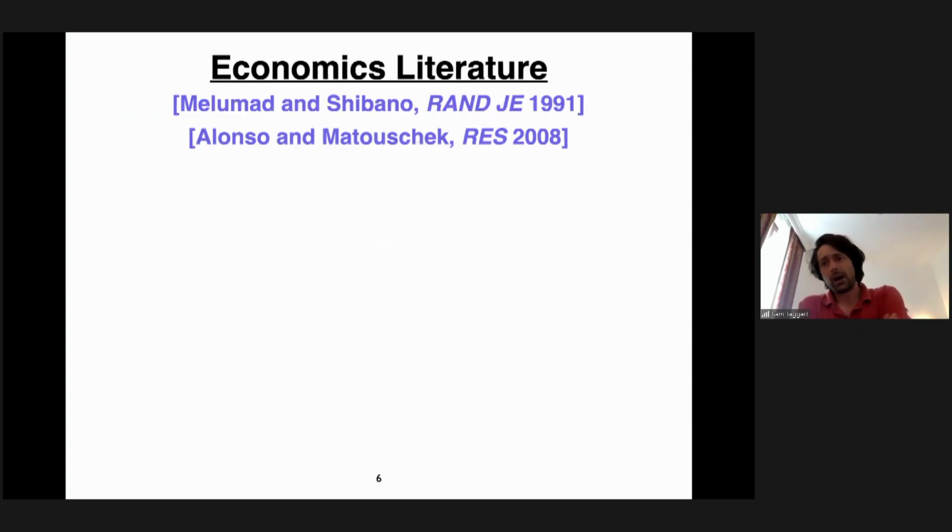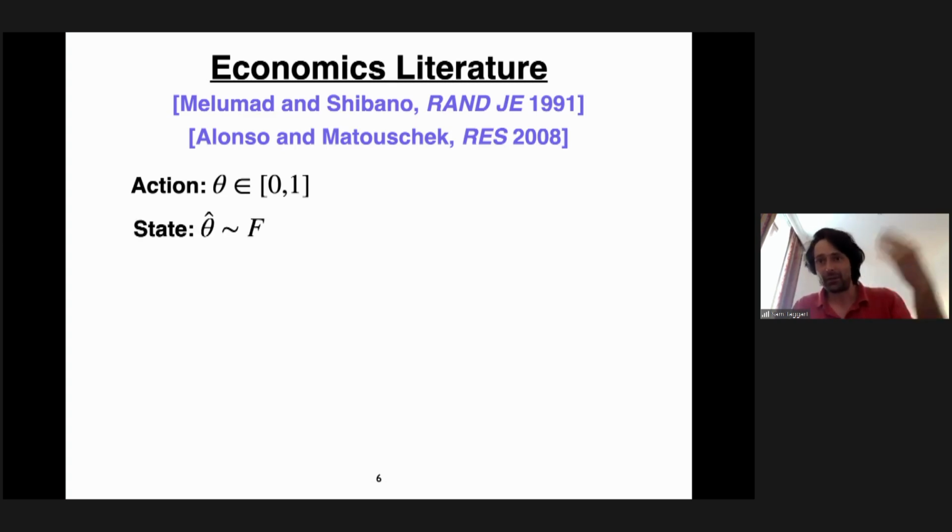So other than the stuff Shaddin just talked about, the canonical citations in the microtheory literature are these two papers, Melumad and Shibano and Alonso and Matouschek. And they characterize a single variable version of the delegation problem. So actions are just numbers between 0 and 1, as are states. And you should think about the state as being like the recommended correct action.